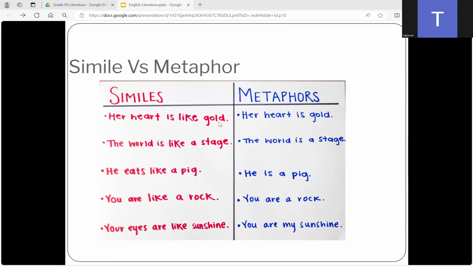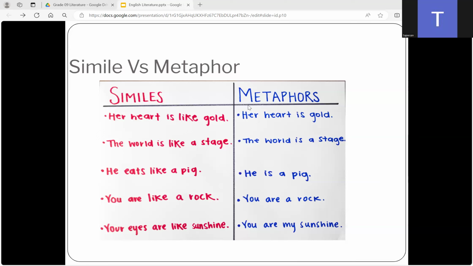Precious means very costly, costly meaning we can't put a value on her behavior. Right? Gold is a very valuable thing. As valuable as it is, her heart is also valuable. For that, we are telling her heart is like gold.